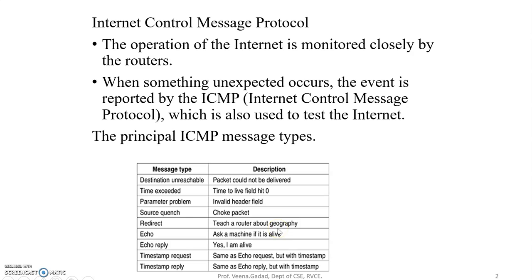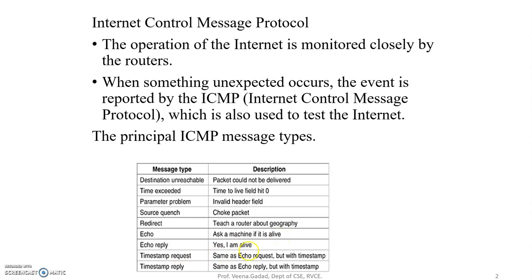In some cases, usually the server is moved to some other location by giving a different IP address. In such a case, the router should route the packet appropriately, so a redirect message is sent back to the sending router. Echo: ask the machine if it is alive in order to send future messages.